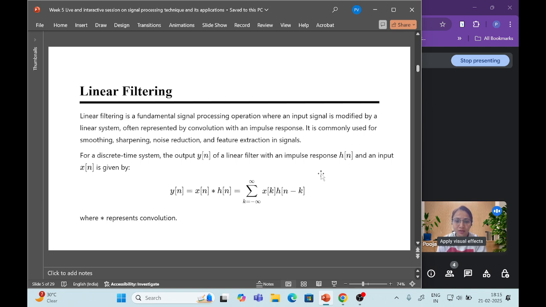It is commonly used for smoothing, sharpening, noise reduction, and feature extraction in signals. Suppose there is a long duration input sequence x(n) to be processed with the system. How can we process it?